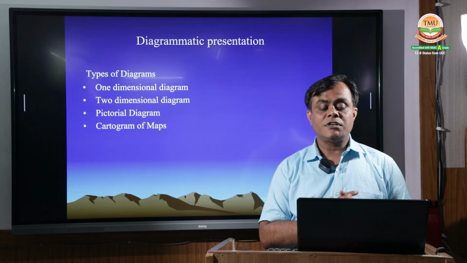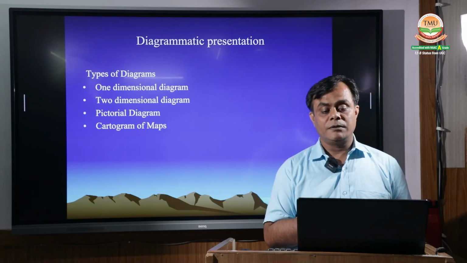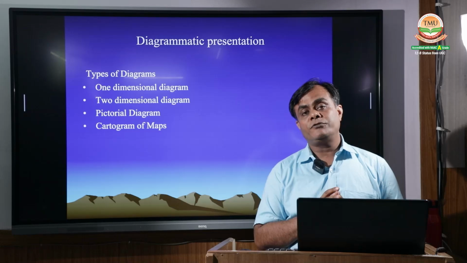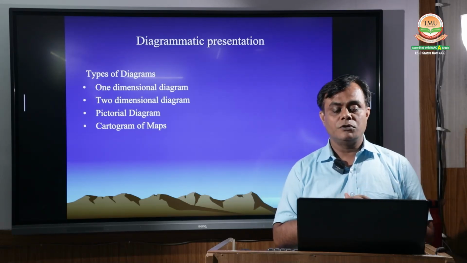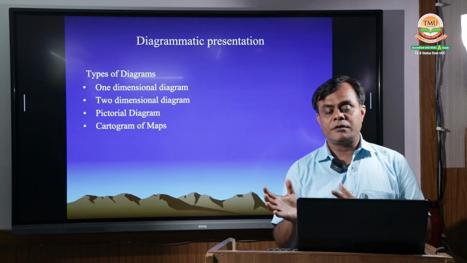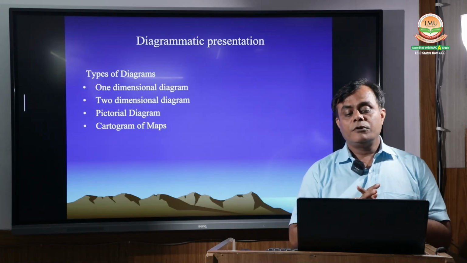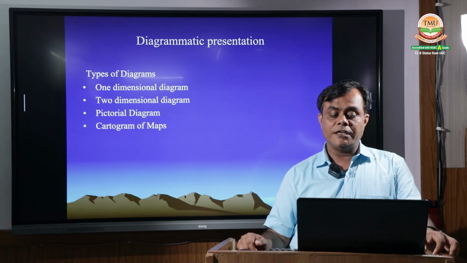tabular presentation. The third type of presentation is known as diagram presentation, or presenting information on a diagram basis or a figure basis. The diagram presentation is classified in different ways. There are certain classifications of the diagrams.